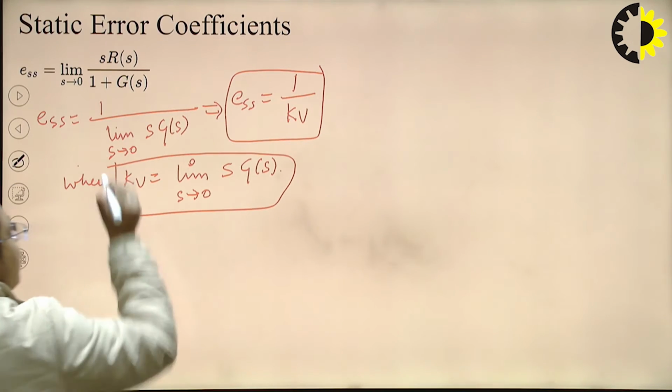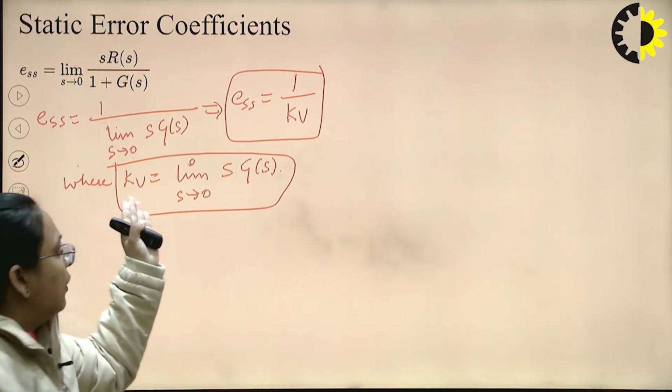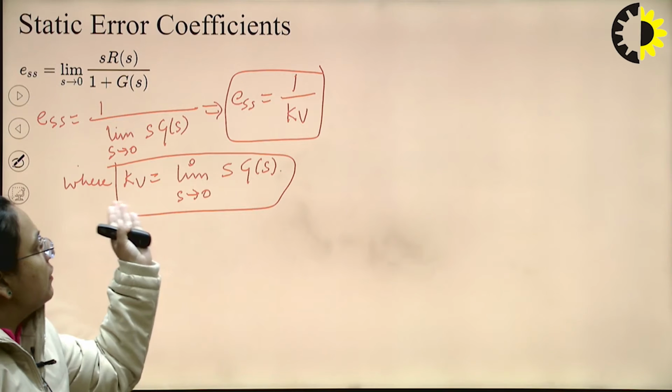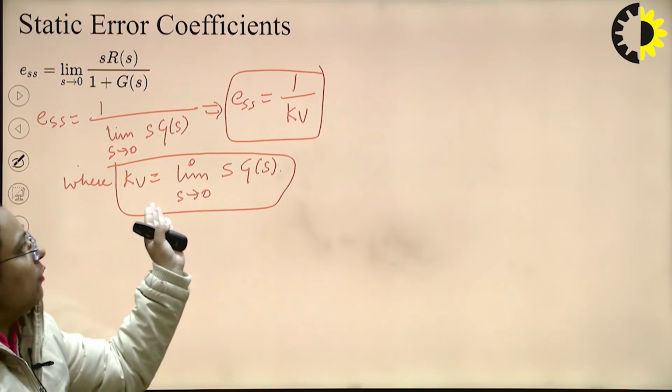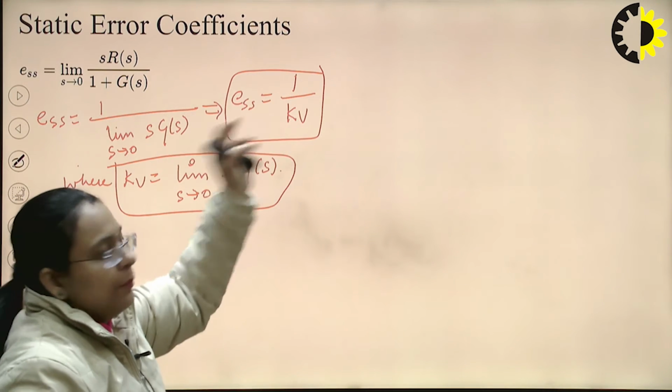So Kv is the static error coefficient, that is the velocity error coefficient, and for it the steady state error will be 1 upon Kv.